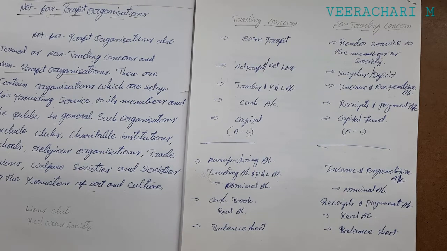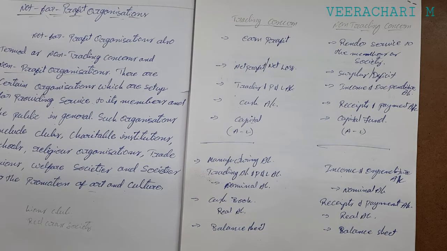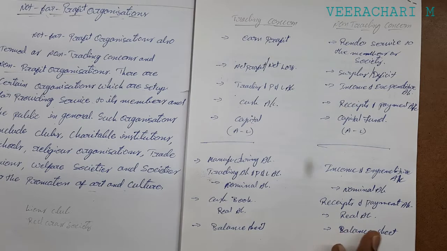For example, in a trading concern business there are sales, but in a non-trading concern business there is no sales, because it provides only services. So the major income in a non-trading concern business is subscriptions, and somewhat donations.